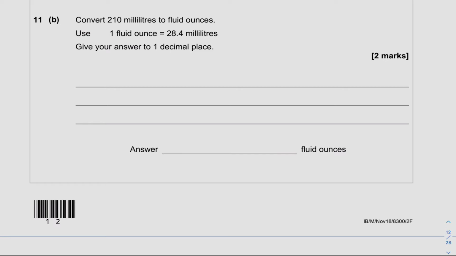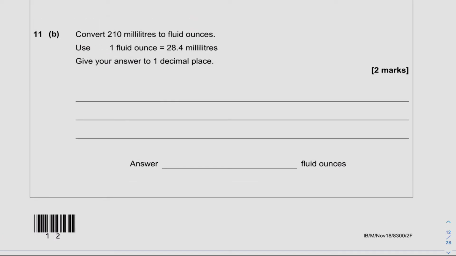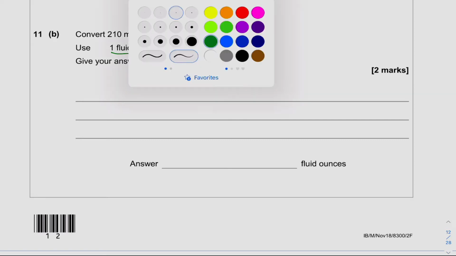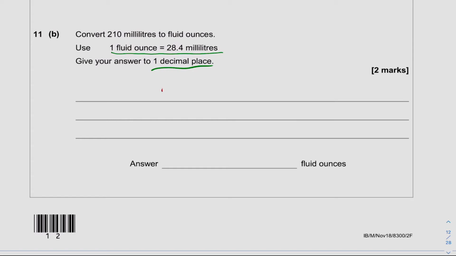So for question 11b, we are told that we need to convert 210 millilitres to fluid ounces, and we are given the conversion rate here. 1 fluid ounce is equal to 28.4 millilitres, and we need to give the answer to 1 decimal place as well. So what we need to do is take our 210 millilitres and then divide by the amount of millilitres in 1 fluid ounce, so divided by 28.4.